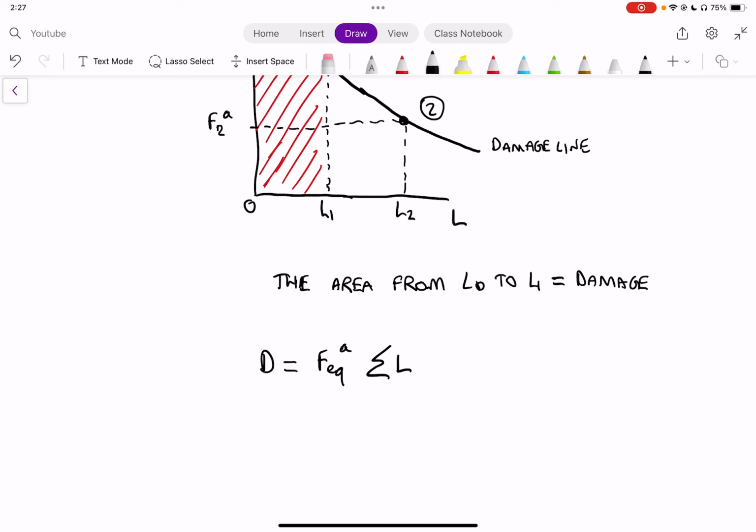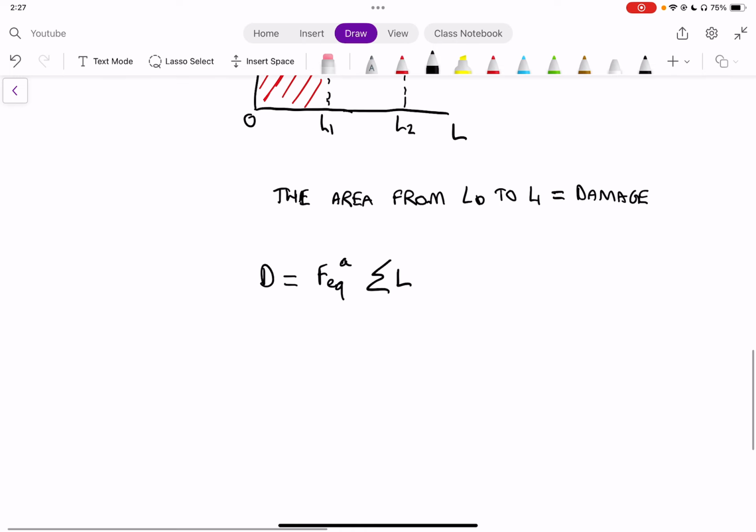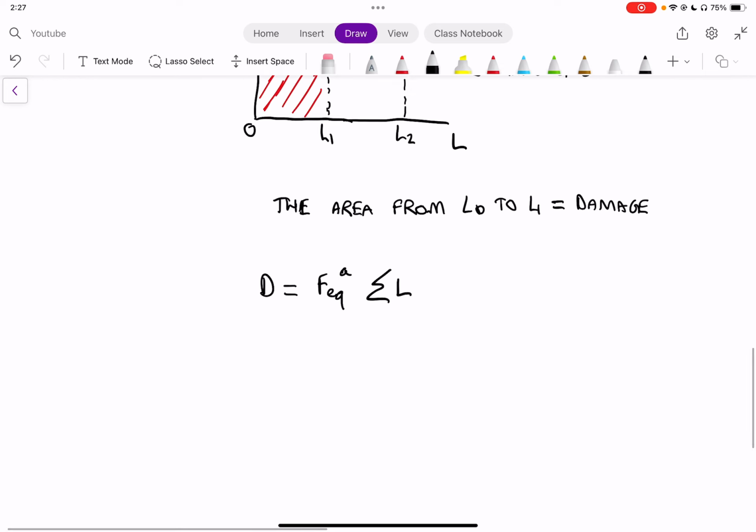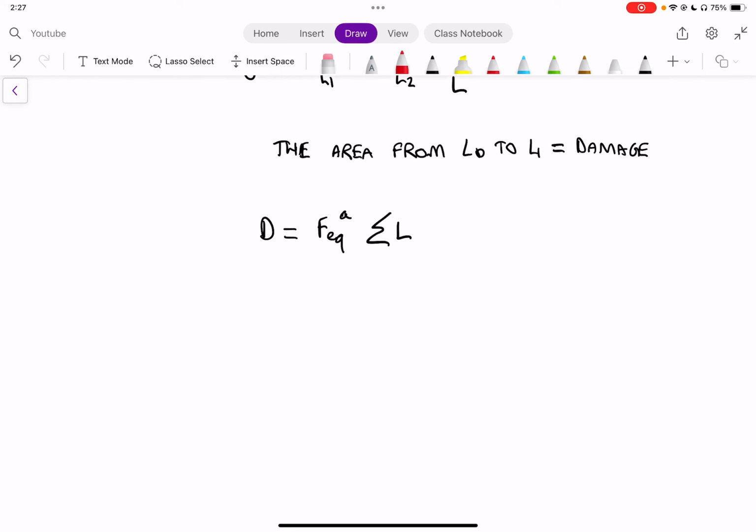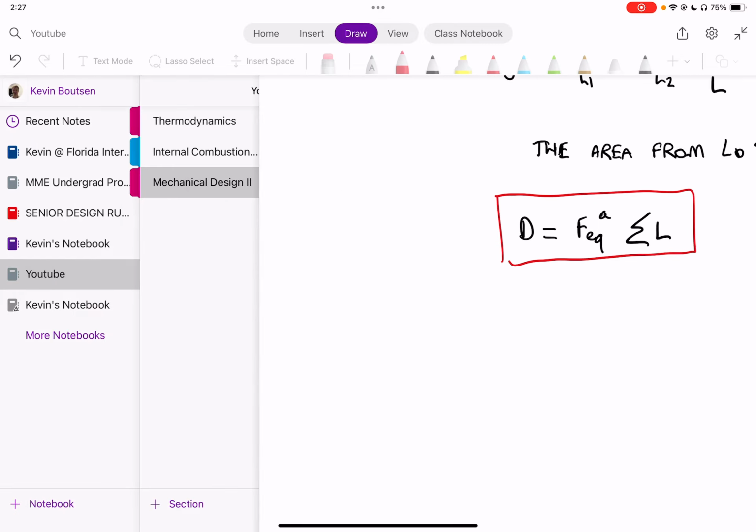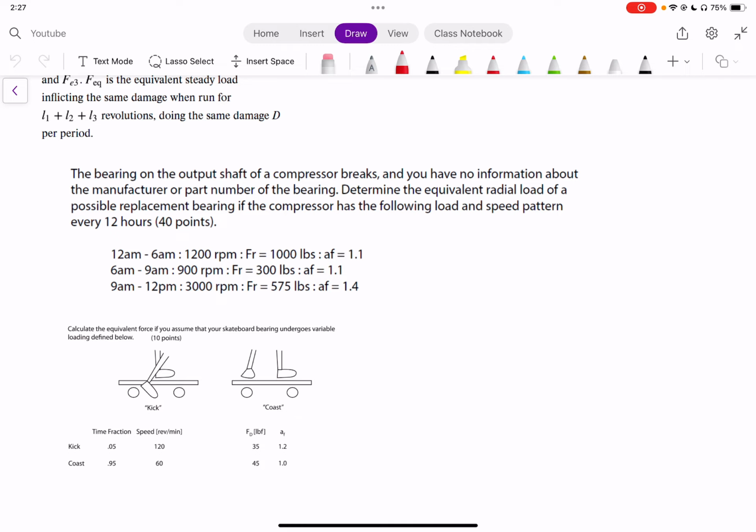So we might be looking for a damage from 0 to 1, and then a different damage from 0 to 2, from 1 to 2, and then 2 to 3. So this equation is going to be explained in a second. So what we can say is the following. This is the governing equation that we're going to use for now, but we're going to explain where it comes from.